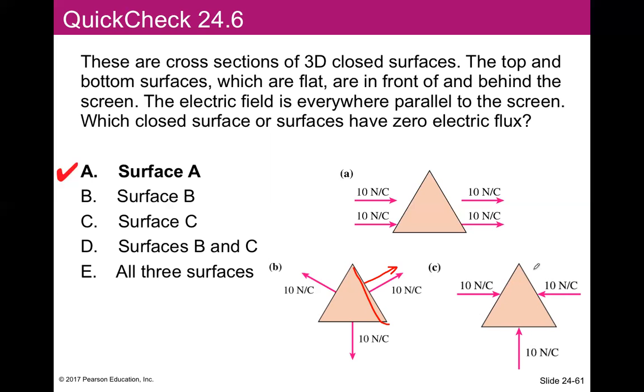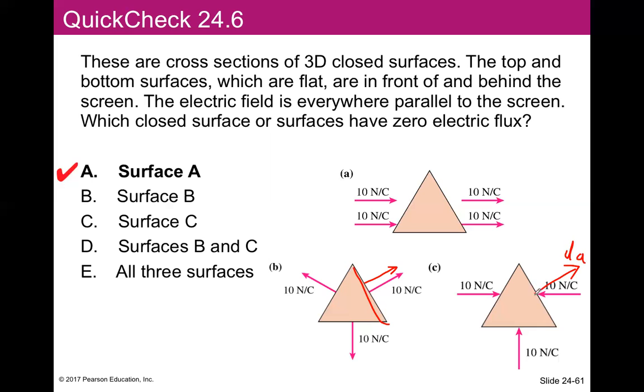So for this one, do you get positive or negative flux for C? Negative, because let's take this as the example. This is your dA. This is your dA's direction. It's going out, but your electric field is in.